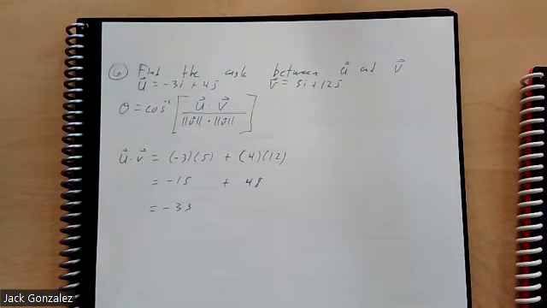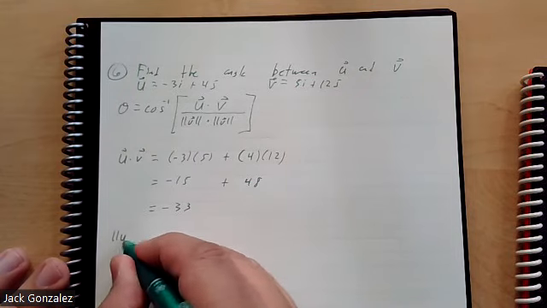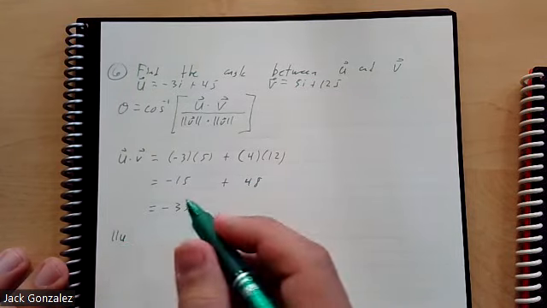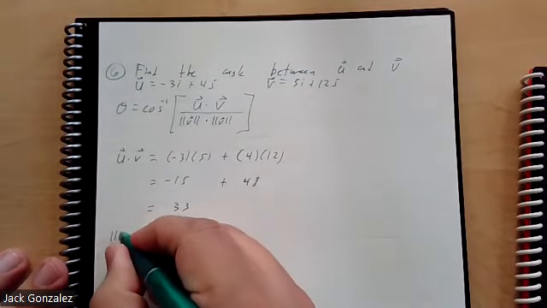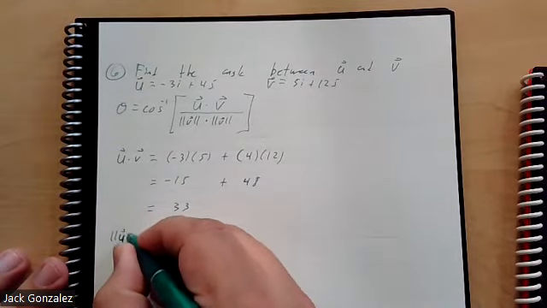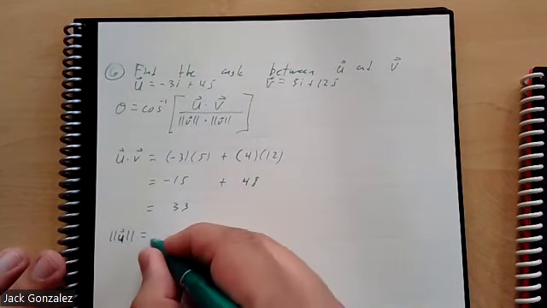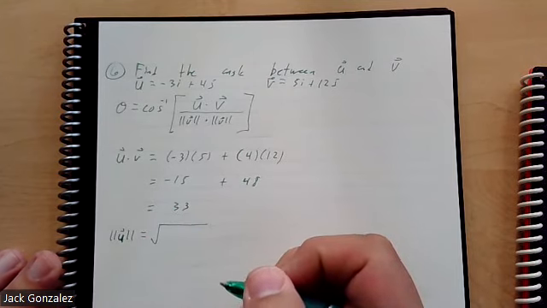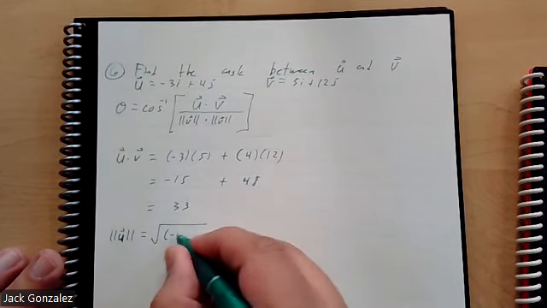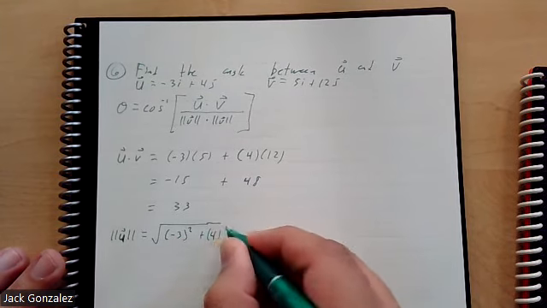Now find the magnitude for u and magnitude for v, and we'll be almost done. All right. So magnitude of u, that's going to be what? I think it's similar to last time.